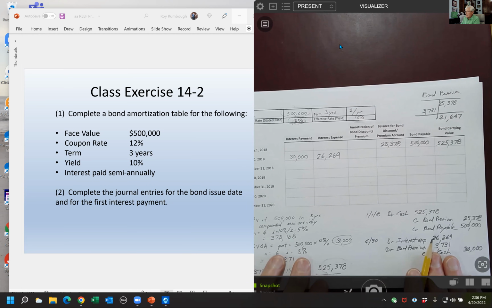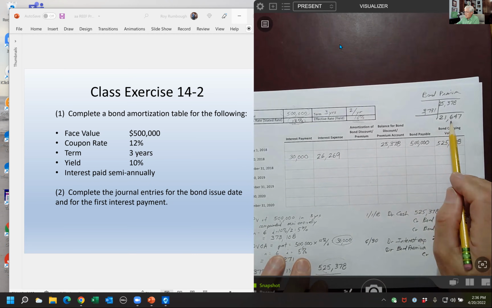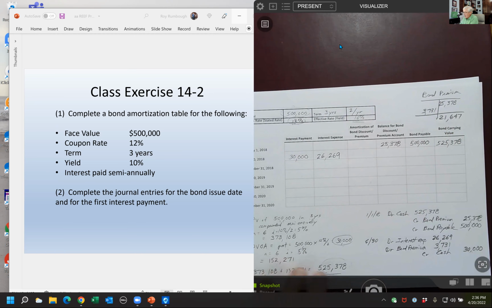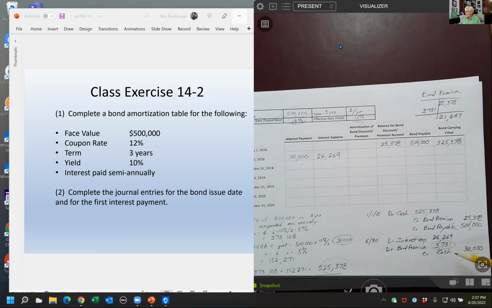See how this works? And so this bond premium account, we're going to keep amortizing. I mean, we're going to reduce it down to 0. And the fact that this is another debit here, it has reduced our interest expense, if you will. Our interest expense is not 30,000, it's 30,000 minus the amortization of the bond premium. So the interest expense is less than the amount we're paying.